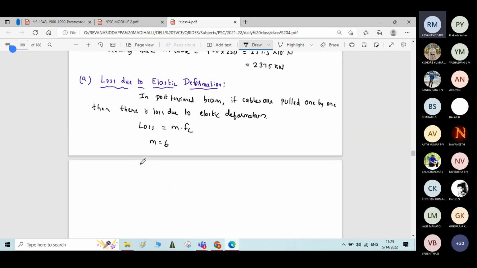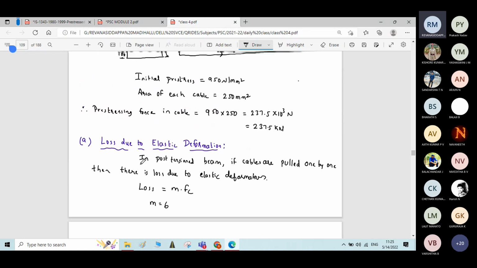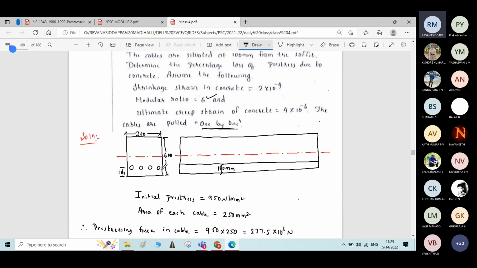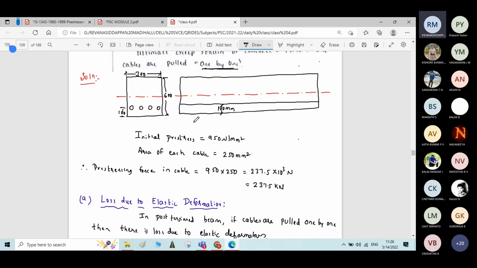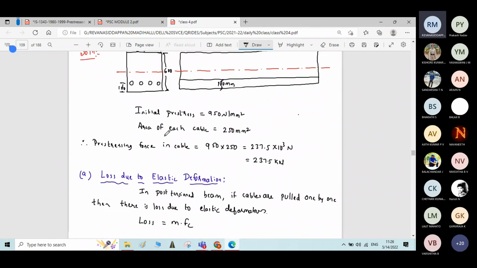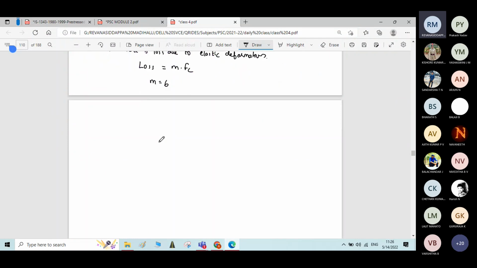If it is a parabolic cable, you need to calculate FC at the support and mid span, then calculate the average FC, as we practiced in the previous problem. Here, as the cable profile is straight, in a single shot you can calculate the average FC.